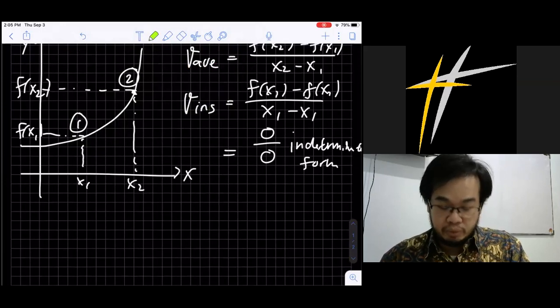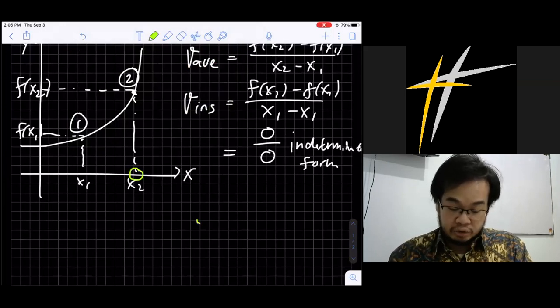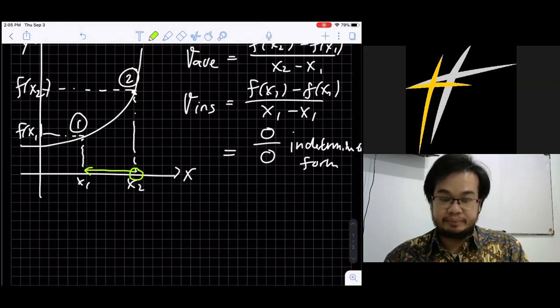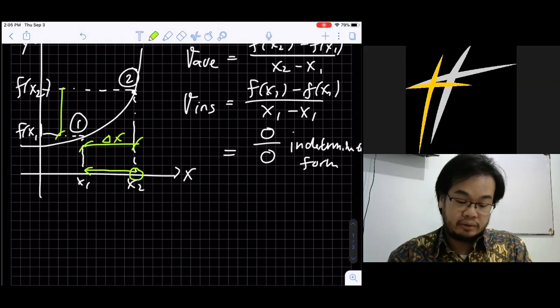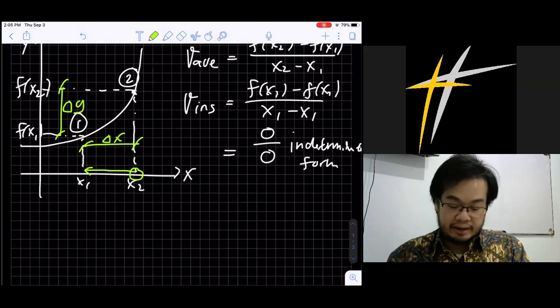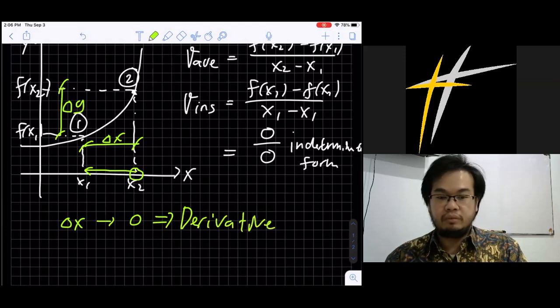So at the same moment, we're gonna bring this point as close as possible to the starting point. So if this is delta x and this is delta y, we are trying to make delta x approach 0 to find the derivative. Okay, so that's when we use limit.